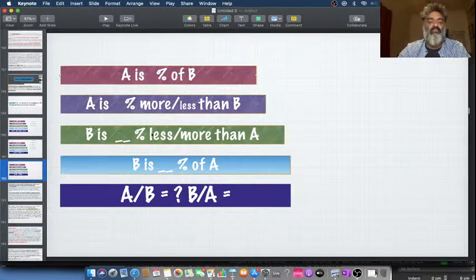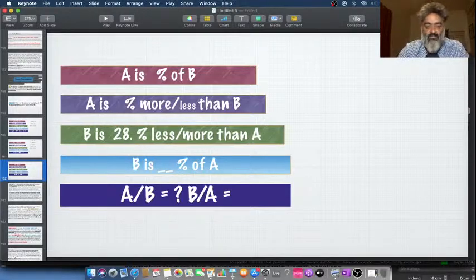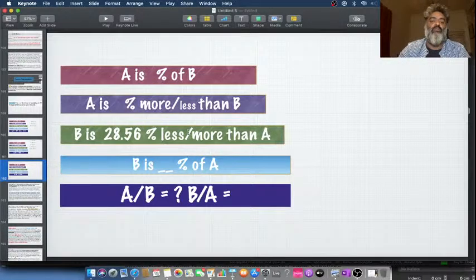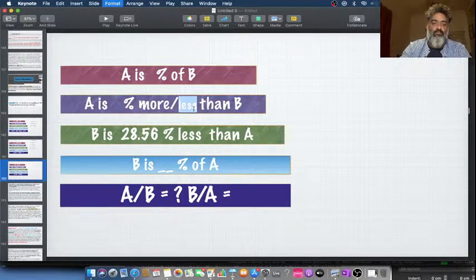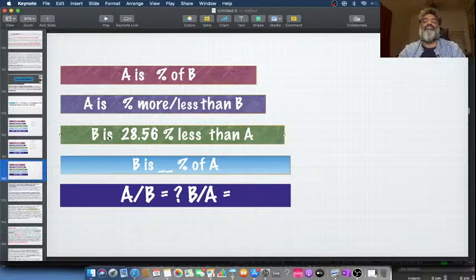A is, let me change it. So new question, B is 28.56% less than A. Figure out the rest.